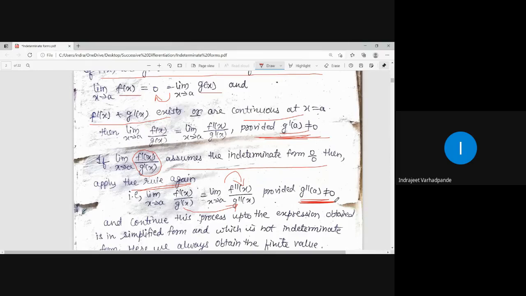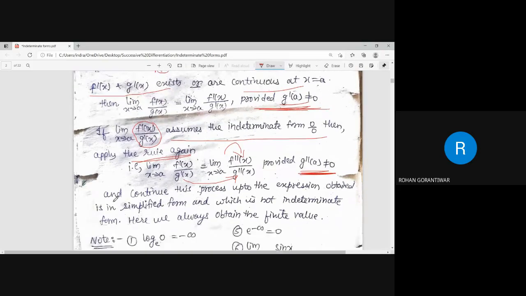Is this point clear? Okay. Yes, sir. Yes, sir. So continue this process until the expression obtained is in simplified form and is not indeterminate. Here we always obtain a finite value as the final answer. This is what the expected result is.